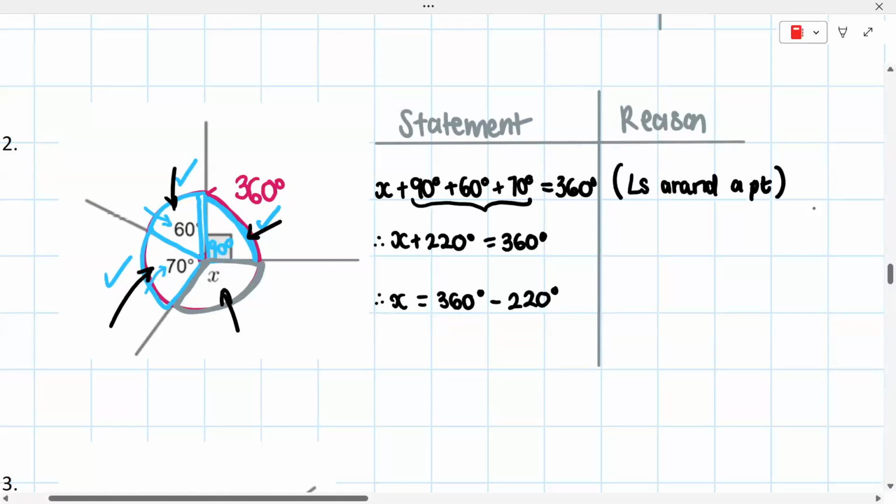Remember, when we bring it over the equal sign, it changes its sign. So 360 minus 220 is 140 degrees. And so that means the size of this unknown angle x is 140 degrees. And so we have solved the missing angle in this diagram.